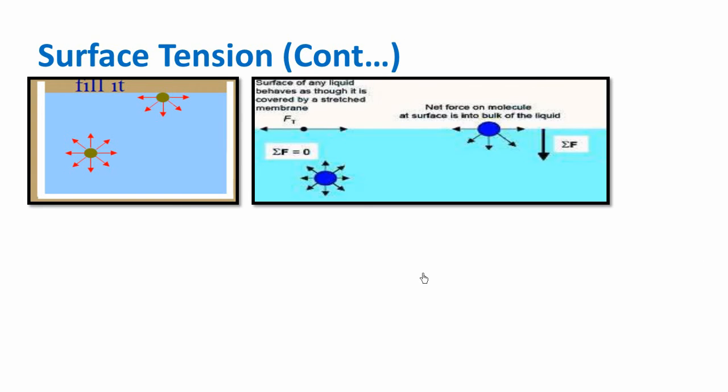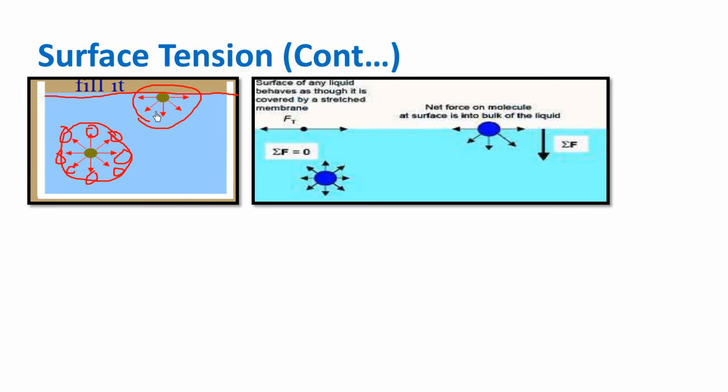Then we will define the surface tension now. You can see two containers here. We have a liquid molecule here, assume another liquid molecule here, and another one here. This is the free surface of water. At this molecule we have adjacent molecules also. The middle molecule is equally attracted by each and every molecule adjacent to it.